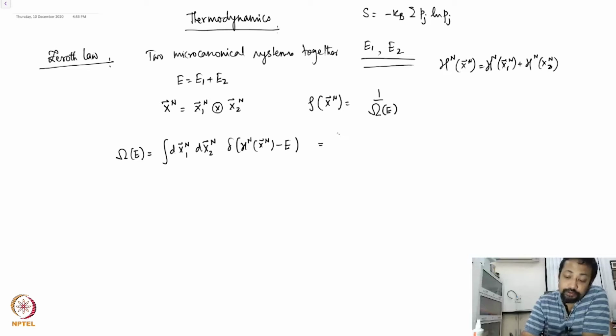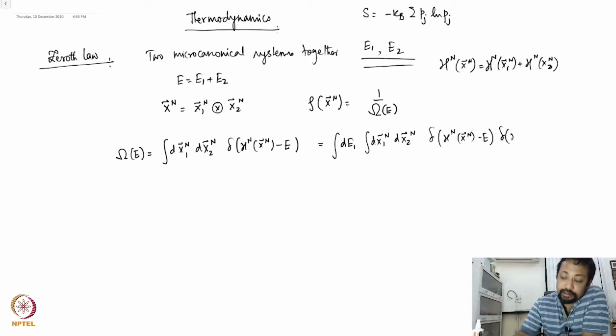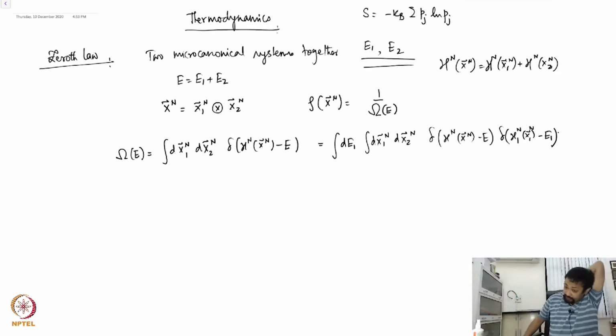Good. So now let us recast this equation as dx1n dx2n delta of hn xn minus E, delta of h1n x1n minus E1. These two, the left and the right hand sides, are identical. There is no difference in that, right?